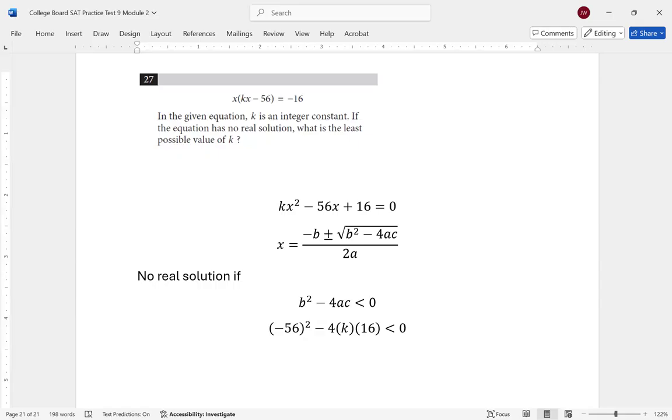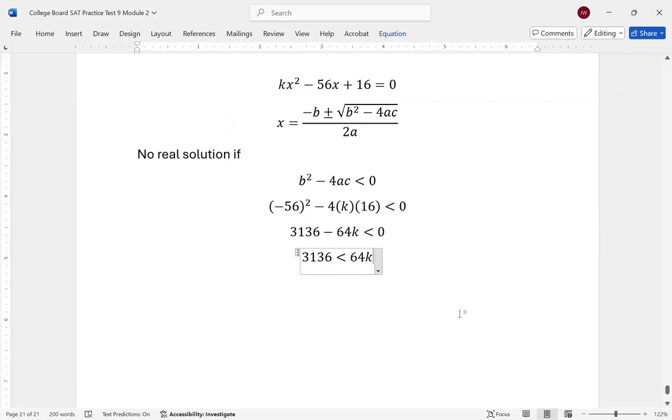Negative 56 squared is 3,136. Then I get minus 64k less than 0. Adding 64k to both sides gives me 3136 is less than 64k.